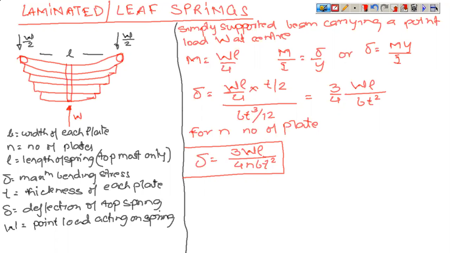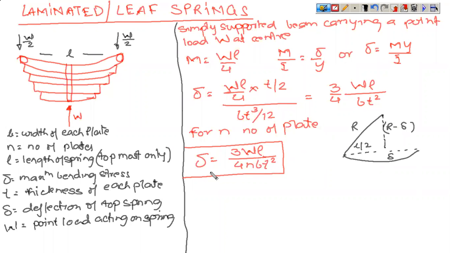Okay, so now let us come to deflection. So if you look at the deflection, you can see that suppose this was your top plate, let us take, this is R. Let us assume that this is delta. So if you drop a perpendicular here, this is R minus delta, and this length is L by 2.